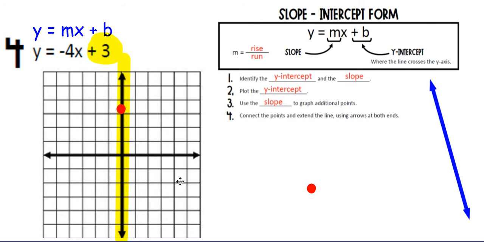So I need a fraction there, so I know that -4/1 is a fraction of that, so I'm just going to go to my y-intercept and go down 4. 1, 2, 3, 4, and to the right 1. And then down 1, 2, 3, 4, and to the right 1. And there's my graph of y equals -4x plus 3.